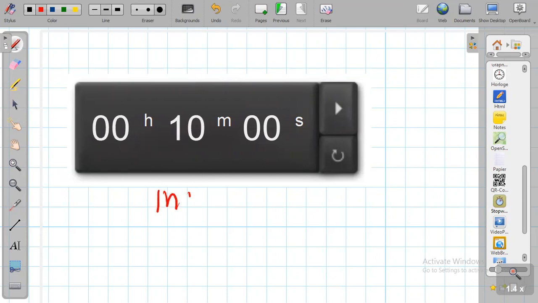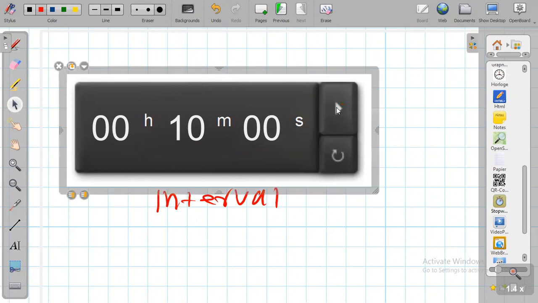Okay, interval. 10 minutes. It's going to be the countdown now. 10 minutes. Interval. Hello, Lamai.